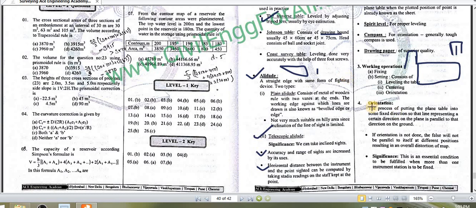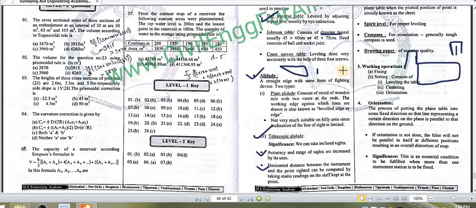After that, orientation: the process of putting the plane table into some fixed direction, so that the line representing a certain direction on the plane is parallel to that direction on the ground. Orientation basically means at every point your direction should be what? The same, because in surveying work you will have to shift your instrument from one point to another point and so on.